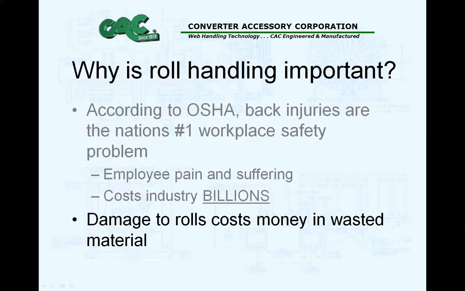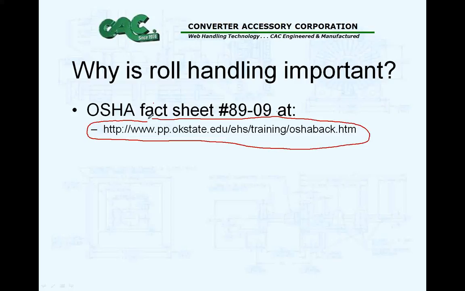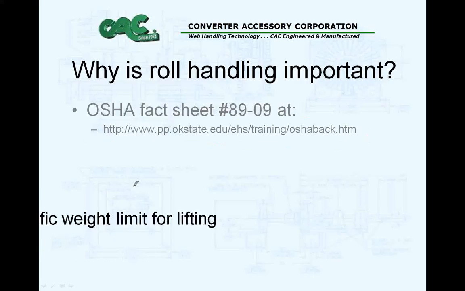And also, if you improperly handle rolls, you can damage rolls, and when you damage rolls, that's profits right off your bottom line. There's an OSHA fact sheet that gives you some numbers on back injuries, and the website is listed here.